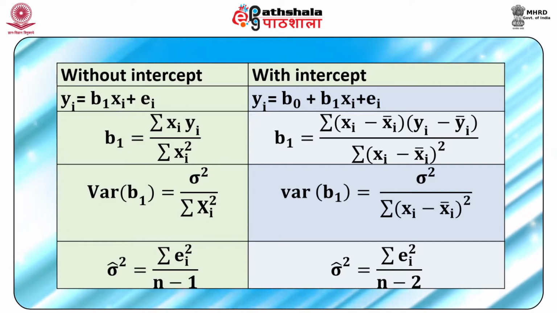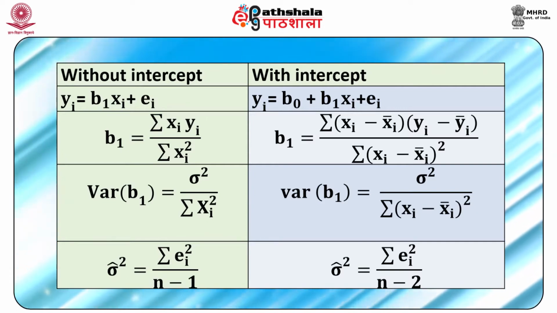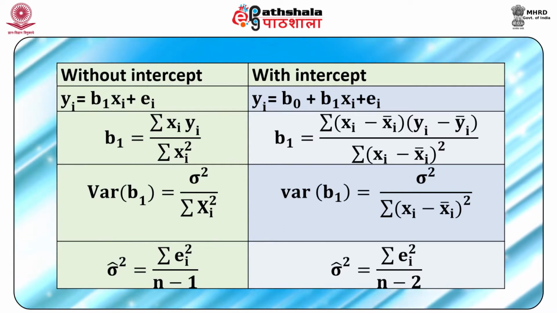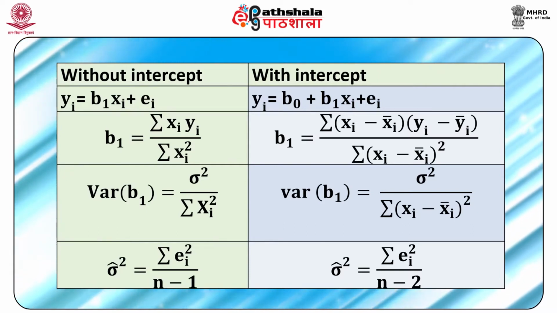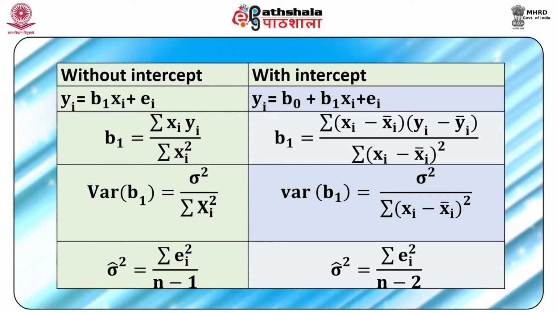Similarly, we find that variance of b1 is equal to sigma square upon sigma capital Xi square, whereas with the intercept this comes out to be variance of b1 equal to sigma square upon sigma (capital Xi minus capital Xi bar) square.